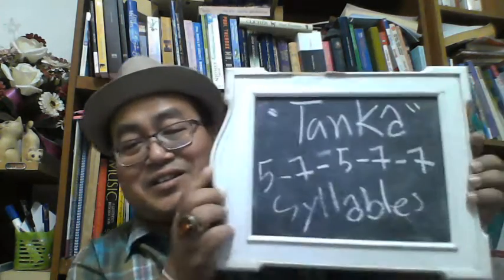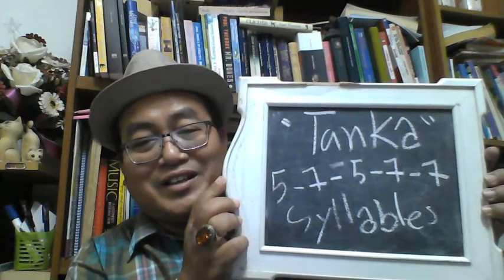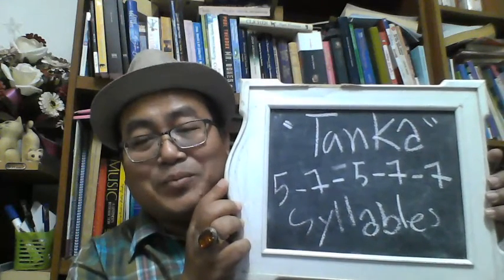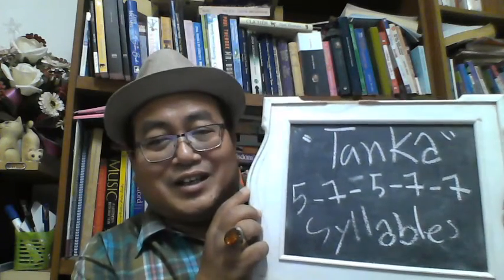So I'm Janpha Thadphoothon. I share with you my thought on a Japanese poetic form by the name of Tanka. 57577 is a syllabic poem, a Japanese poetic form, and I have shared with you one of my tanka.